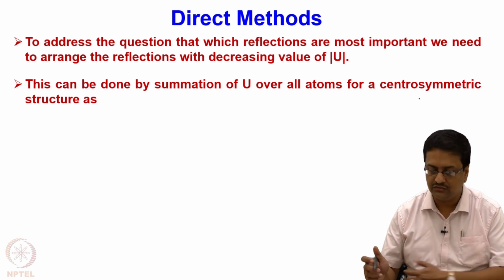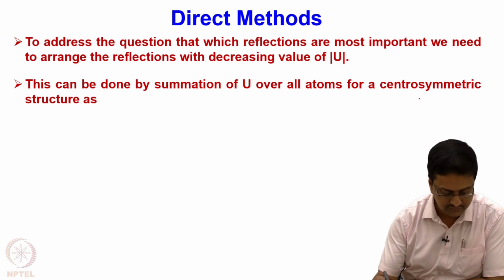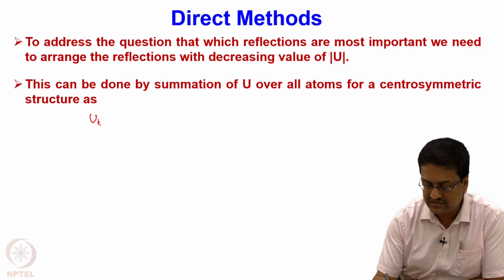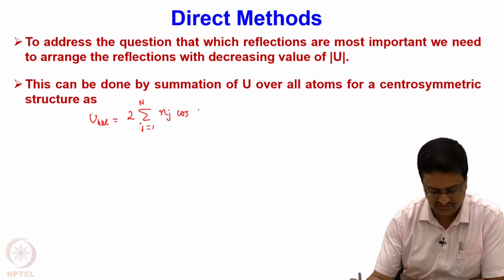So, one can do this sum as UHKL is equal to 2 times sum over j equal to 1 to N Nj cos 2 pi (Hxj plus Kyj plus Lzj).